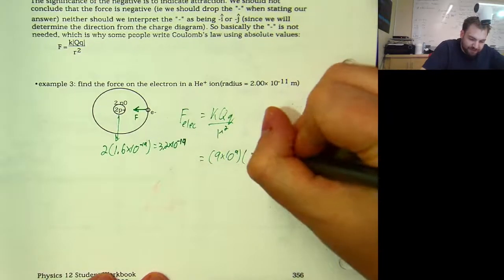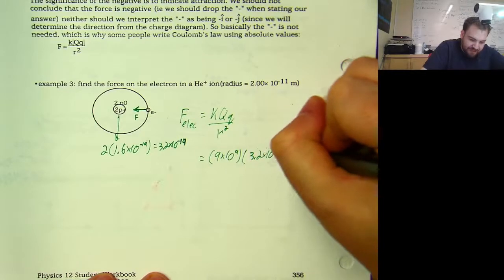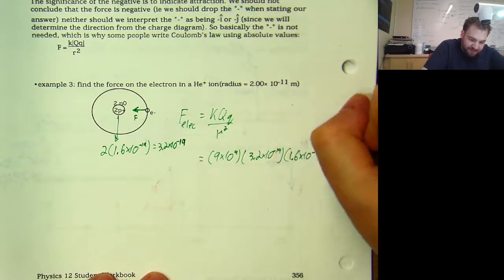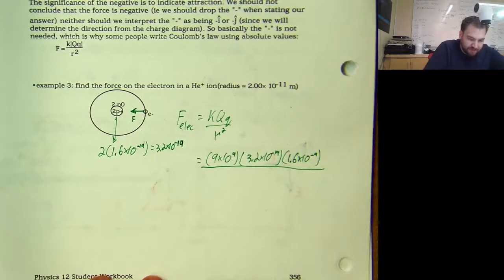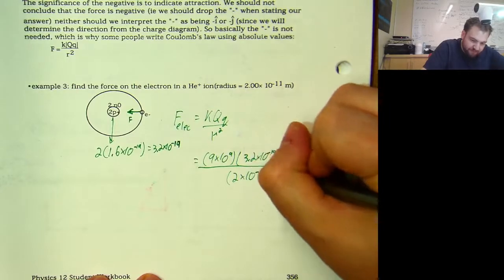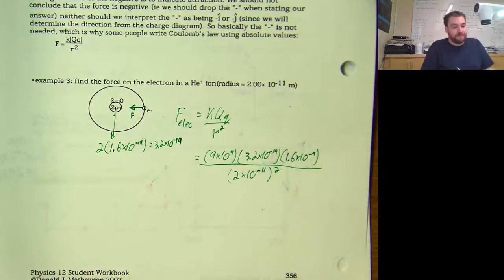So that's my nucleus, 3.2 times 10 to the negative 19. And then I've got my electron, 1.6 times 10 to the negative 19. And we're told that the distance between them, from center to center, is 2 times 10 to the negative 11 meters. Then we have to square that.